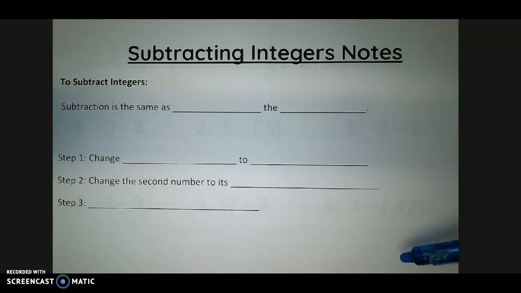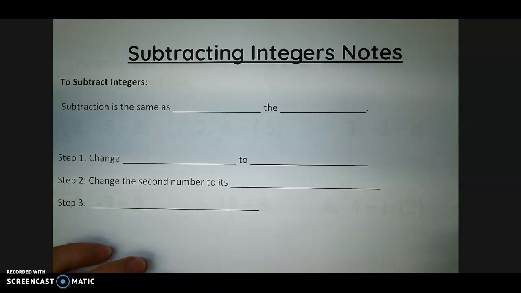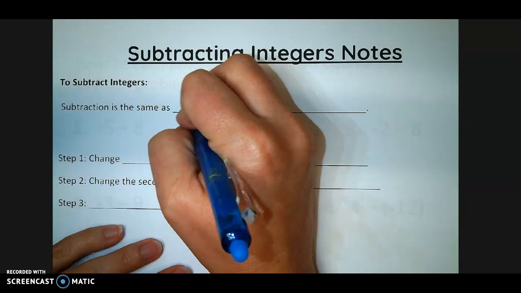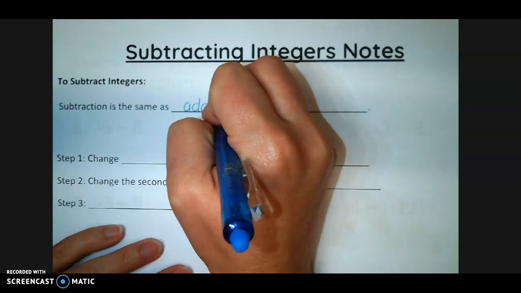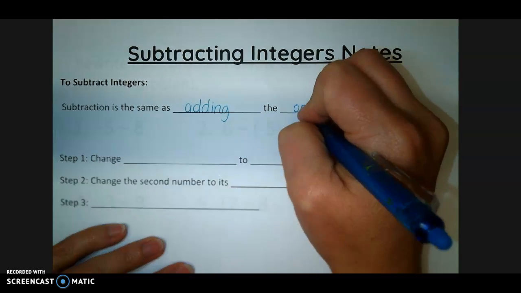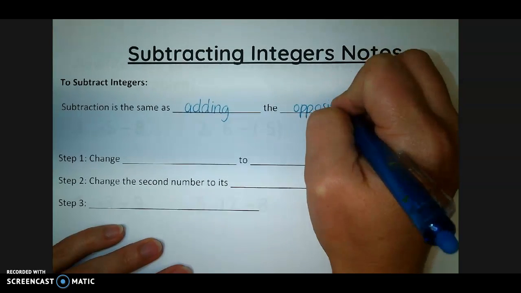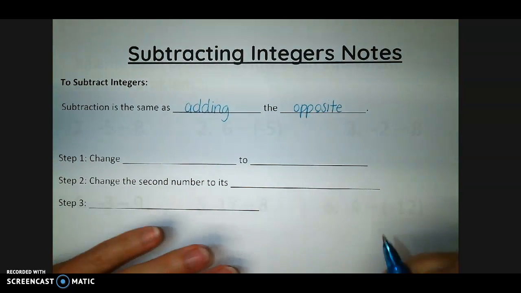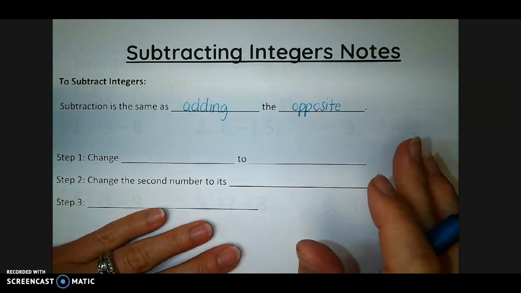So to subtract integers, subtraction is the same as adding the opposite, because those negative signs or subtraction signs are actually telling me to do the opposite.